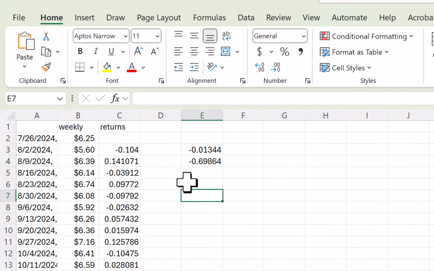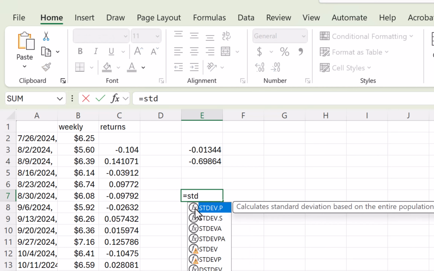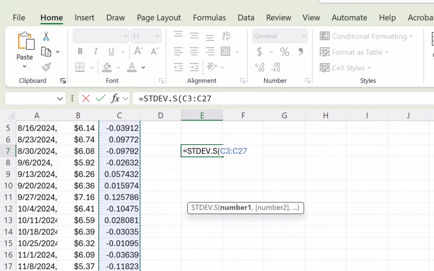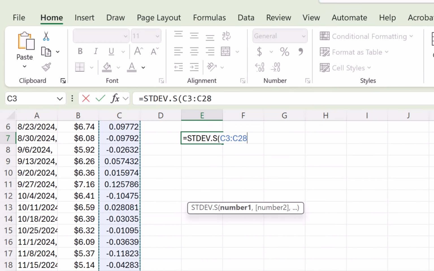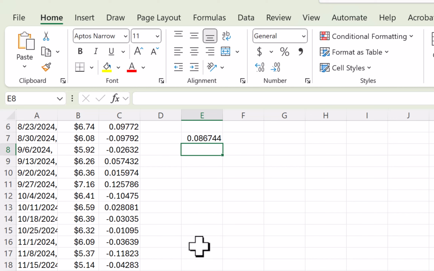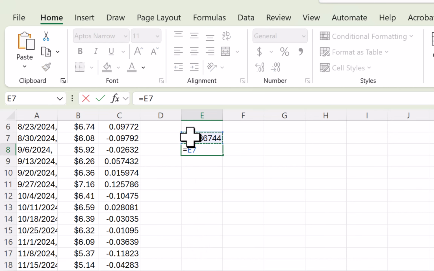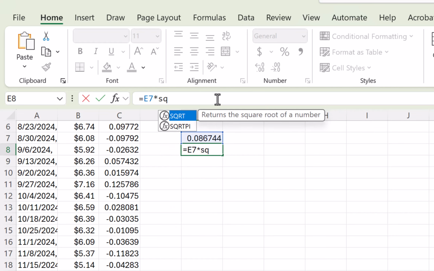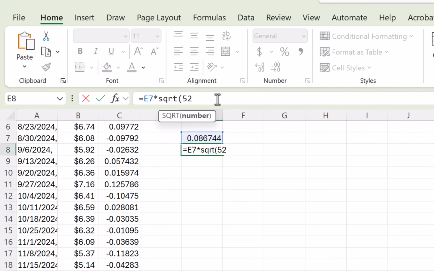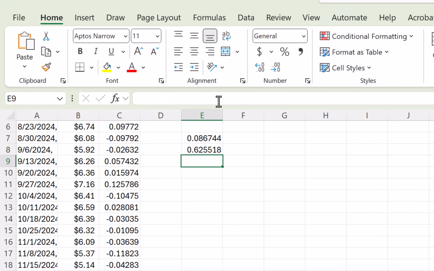So I'm going to take the standard deviation of those returns, these weekly returns, and I'm going to need to make it volatility, so I need to multiply that by the square root of 52 in this case because it's weekly. So using weekly data, I'm getting a smaller volatility.